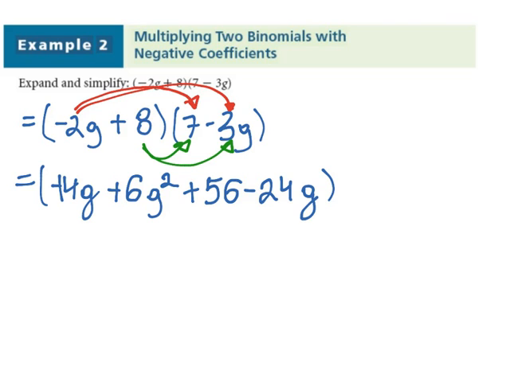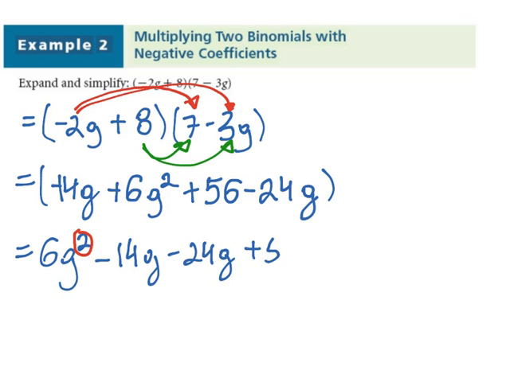This means that we have to rearrange it. That 6g squared is first because it's the highest power. And then we'll copy the negative 14g and the negative 24g with the 56. Again, recall that if there's no power, g has a power of 1. And 56 has no power because there's no g.